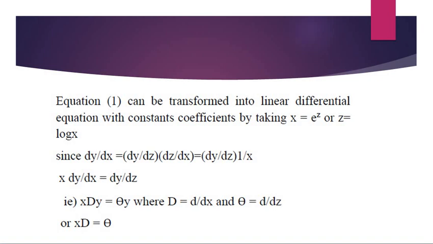Since dy by dx can be written as dy by dz into dz by dx, where dz by dx is replaced by 1 by x, we have x dy by dx equal to dy by dz. You can write that as xD y equal to theta y, where D is d by dx and theta is d by dz. That can also be written as xD equal to theta.